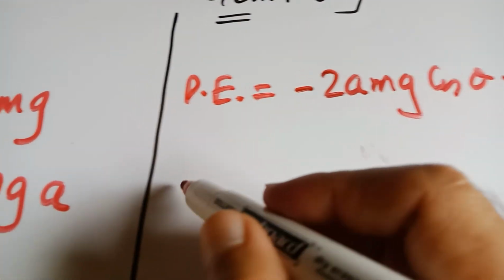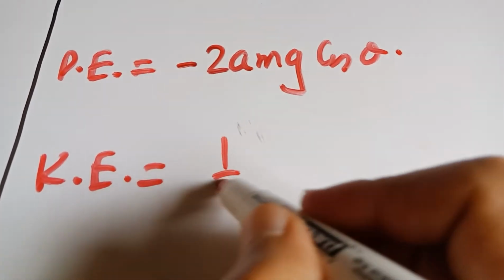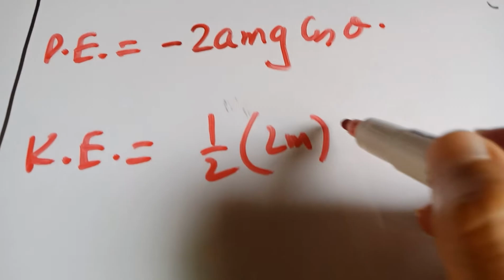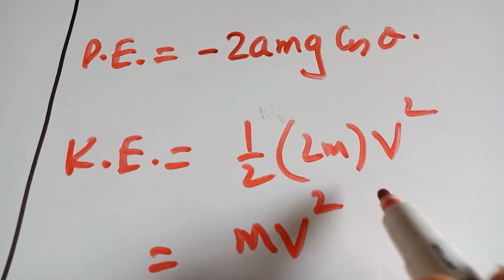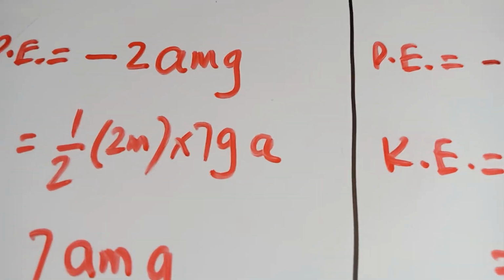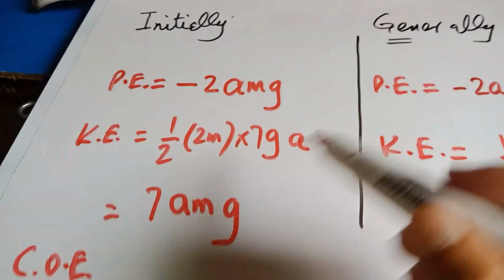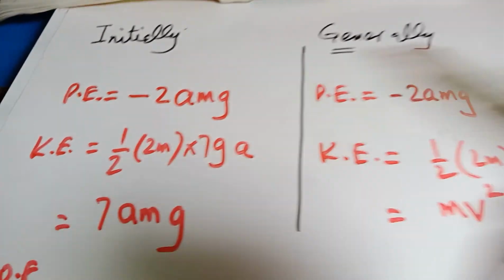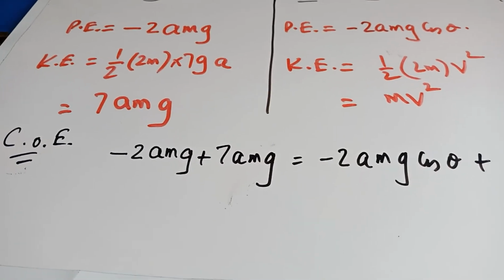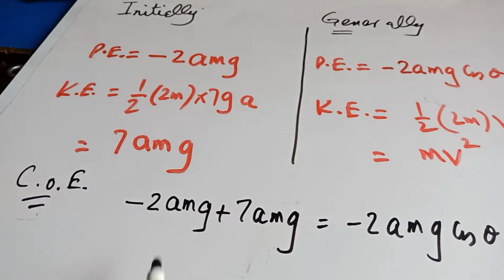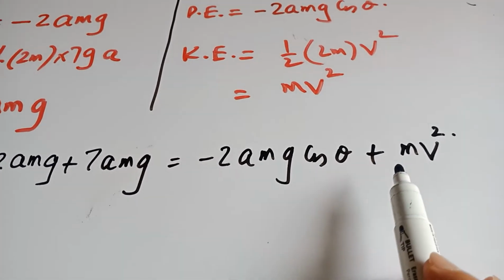And generally the kinetic energy is going to be half m v square, which is going to be mv square. Now by using the law of conservation of energy, we have to put the sum of these two energies initially equal to the sum of these two energies generally.